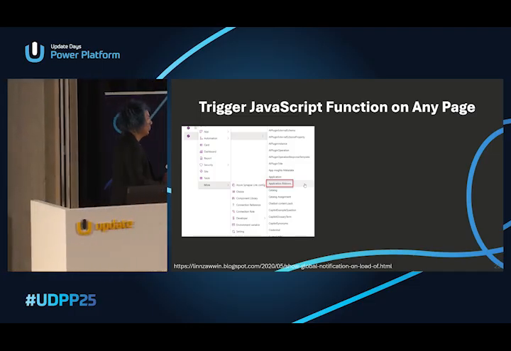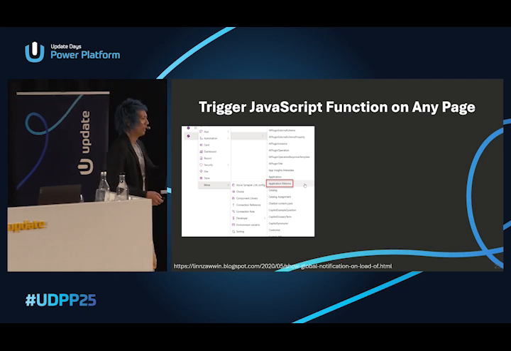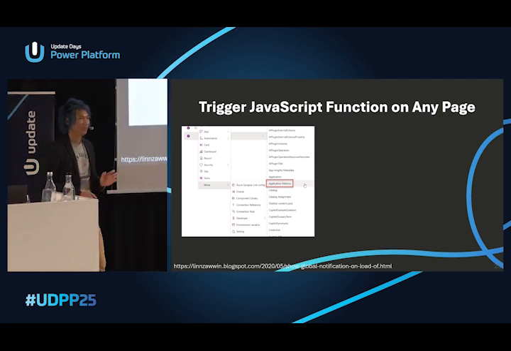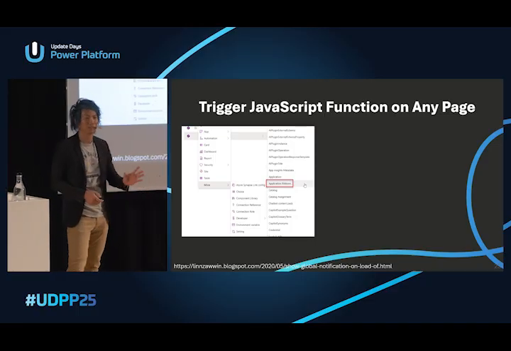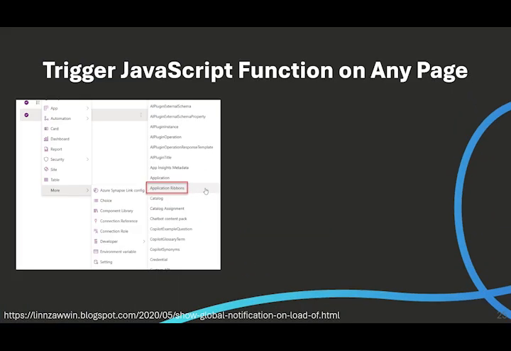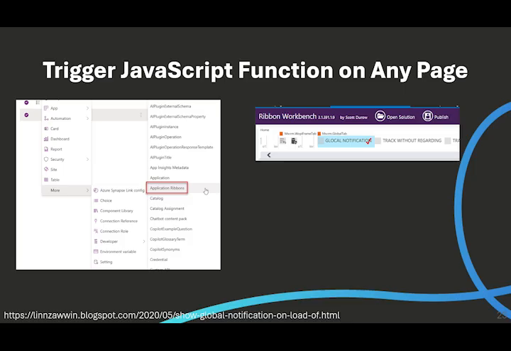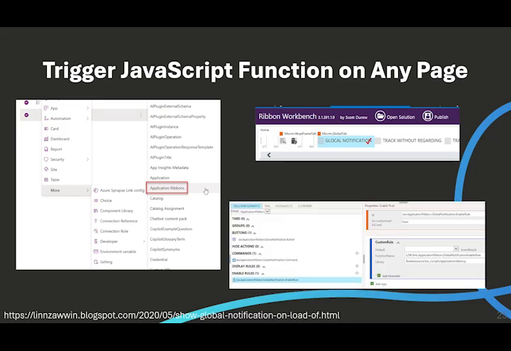The idea is we have the application ribbon. The application ribbon is not particular to any table; it's applied everywhere. In the application ribbon, if you use the Ribbon Workbench by Scott Durow, there's a place called the global tab. That is where you can specify a custom rule, like an enable rule.